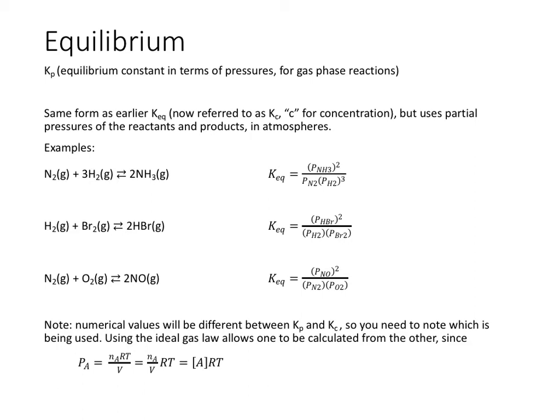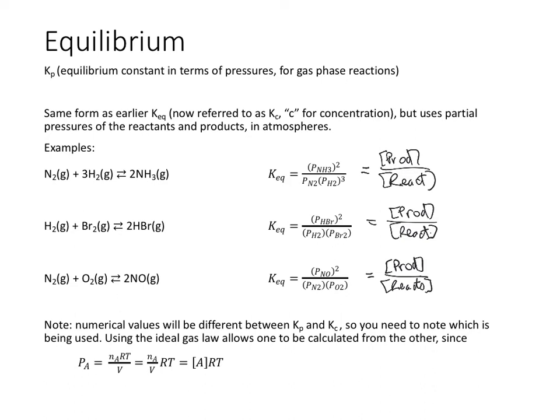It's still products over reactants. However, this time, because everything is a gas, it just makes our math easier to use pressures rather than concentrations, because that's how we measure the amount of gas, by its pressure.